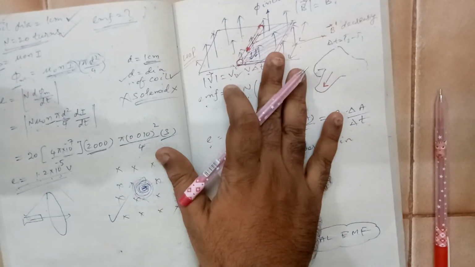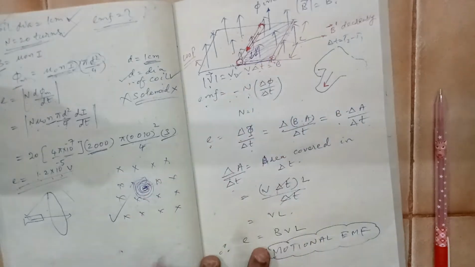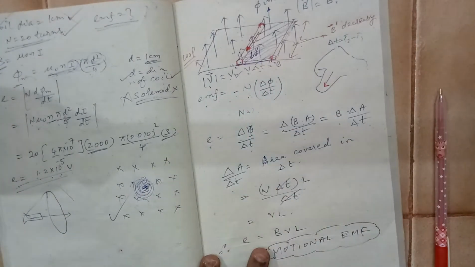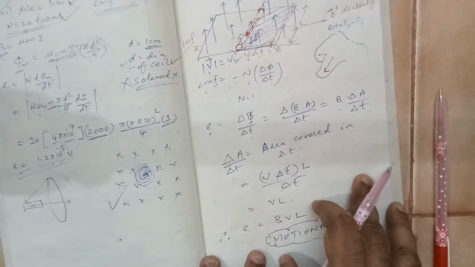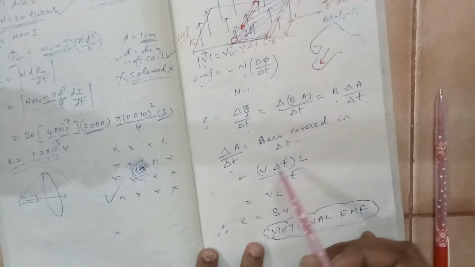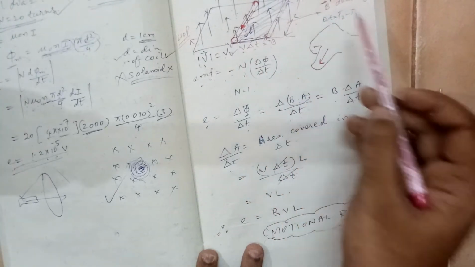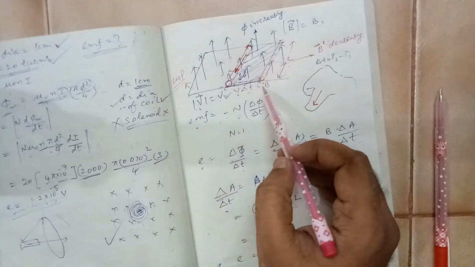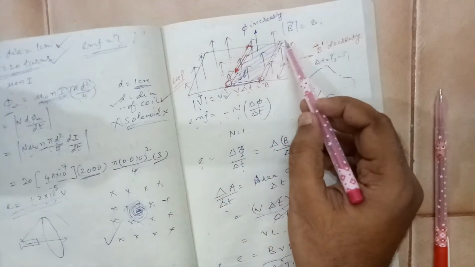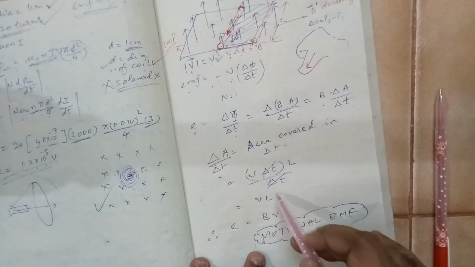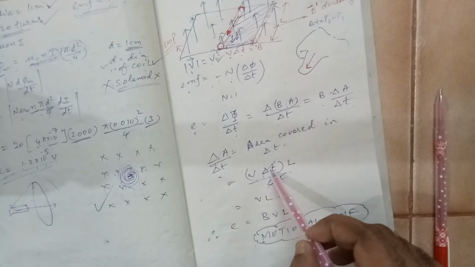Initially the magnetic field lines were passing here. The flux was 0. Now because of the movement of the cylinder, there is some change in flux. So delta A by delta t is given by v into delta t, multiplied by the length, divided by delta t. So delta t cancels.